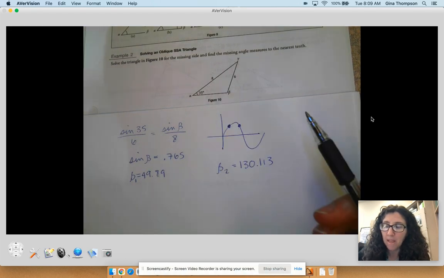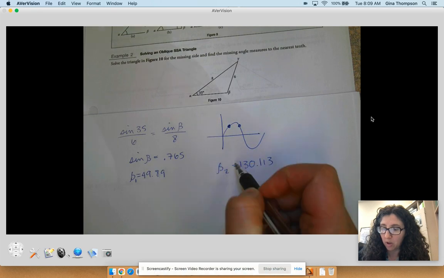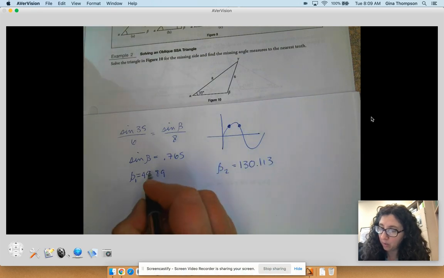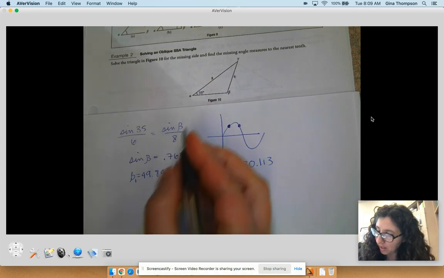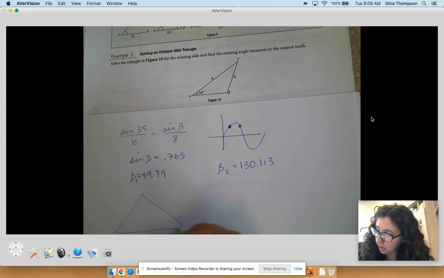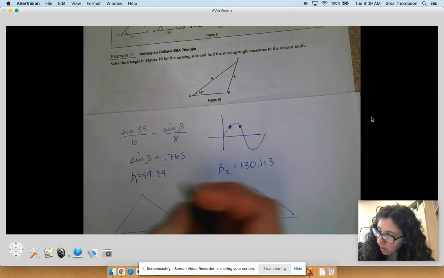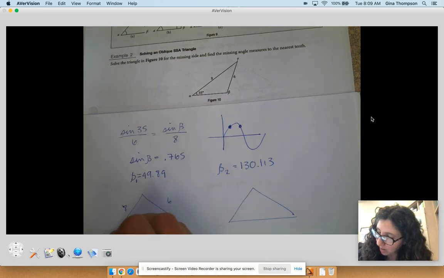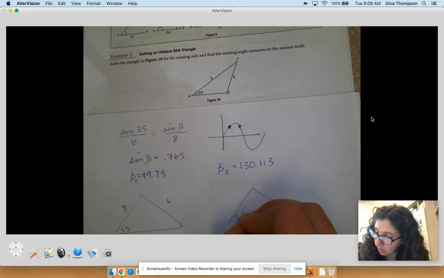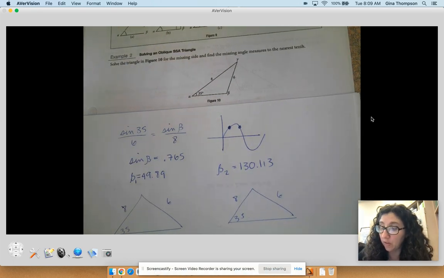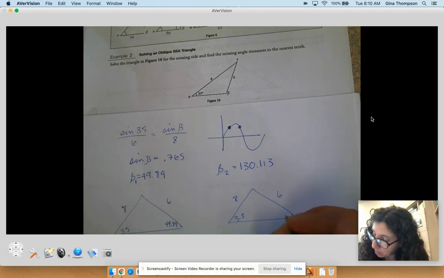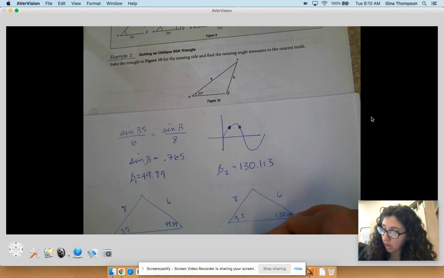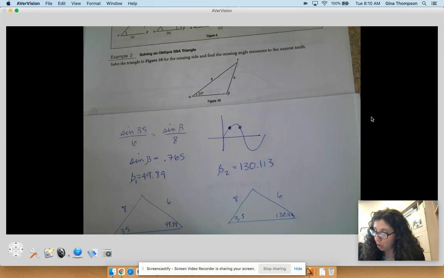Are they both actually possible? Well, let's think. This angle is 35 degrees. So I'm going to draw two triangles: 8, 6, 35. These obviously are not to scale, and I'm not going to worry about that for now. That's what we started with. So in this case, this would be 49.89, and this one would be 130.113. In this case, it looks like no problem, right?